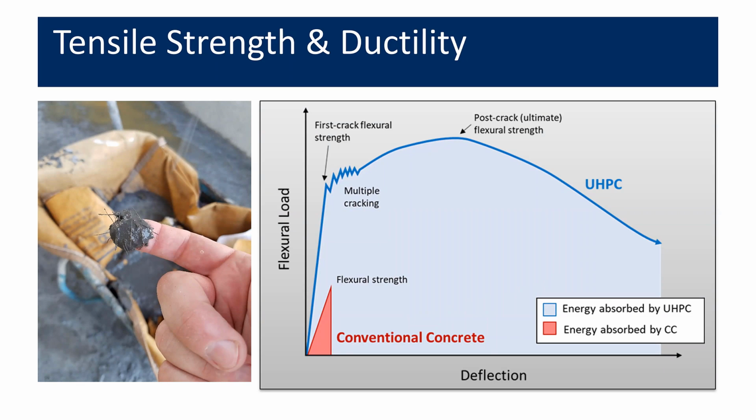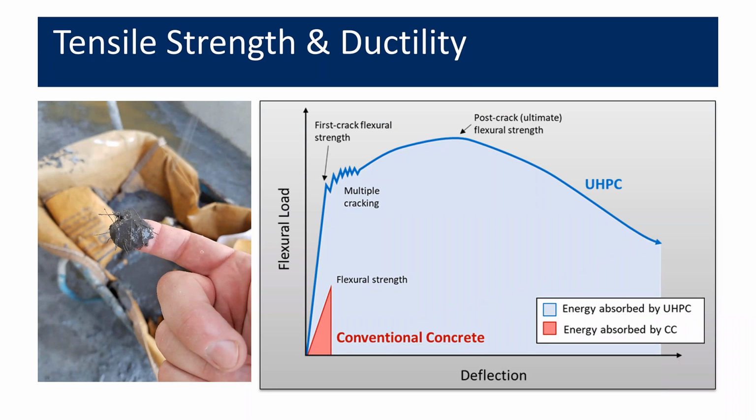Beyond that initial strength, the material actually becomes stronger after it develops its first crack, because the high strength fibers bridge those cracks and carry those tensile forces across the crack. When you get more fibers mobilizing, that eventually will lead to the ultimate maximum load that concrete can carry in tension.